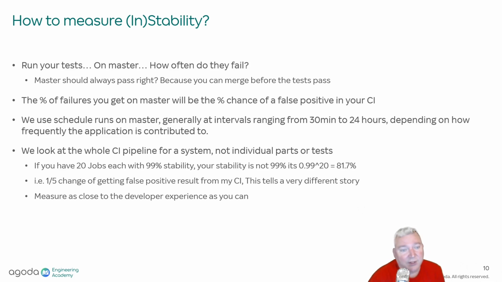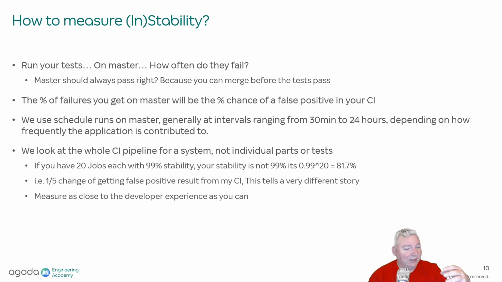So we look at the whole CI pipeline for a system, not individual parts or tests. The reason for this is I've seen so many people fall into this fallacy, where they go, hey, my team owns this job in CI and our tests are 99% stable. Yes, that job is 99% stable. But if all of your 20 jobs in your CI pipeline are all 99% stable, then your actual stability is 80%, right?